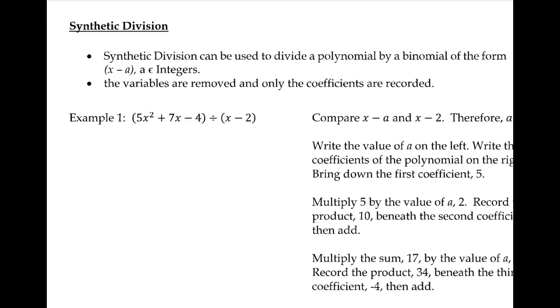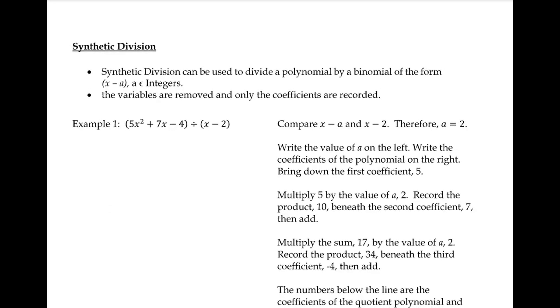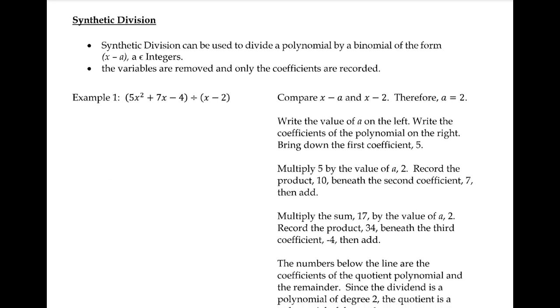And math, if you haven't noticed, we do try to be efficient as much as possible. Sometimes it sure doesn't feel like that. Our math proofs in proving trig identities sometimes take up a lot of space, and it feels like we're not efficient. But when it comes to operations like adding, subtracting, multiplying, and dividing, we do really try to be efficient. And that's where synthetic division comes into play.